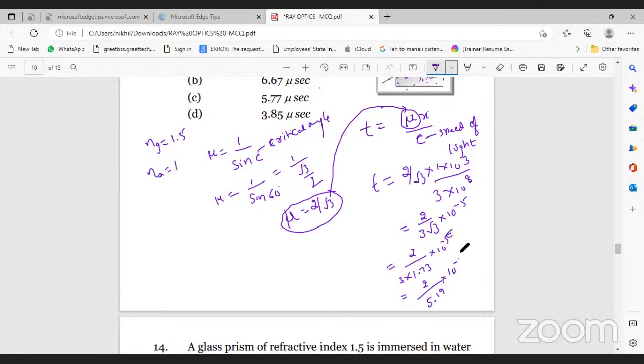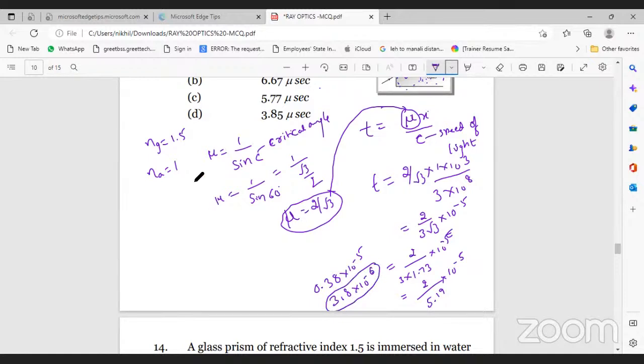What is 2 divided by 5.19? It is 0 point something like 3, so 0.38. So 0.38 into 10 power minus 5, or I can take this as 3.8 into 10 power minus 6, right?